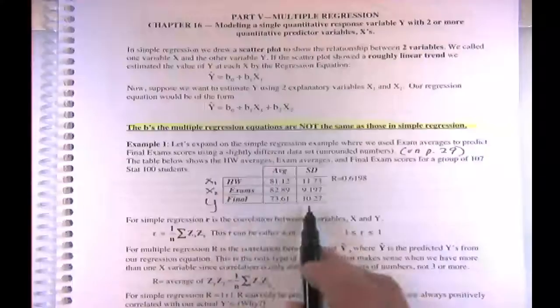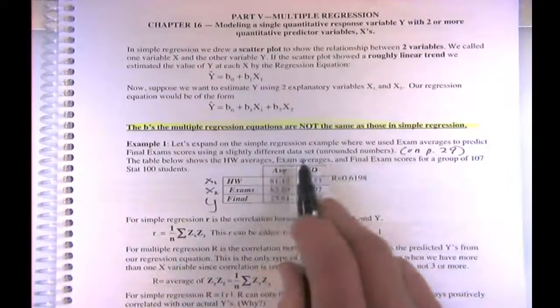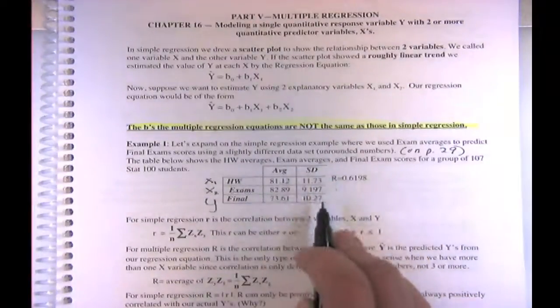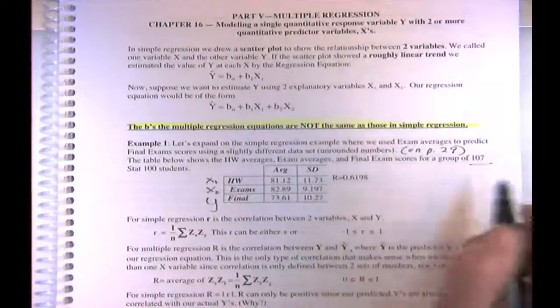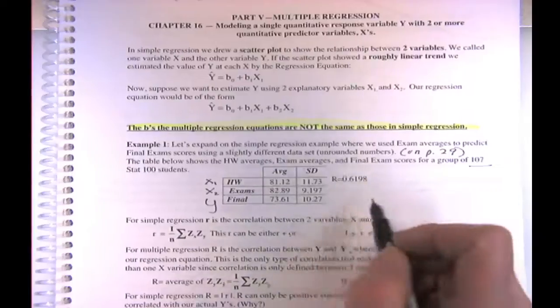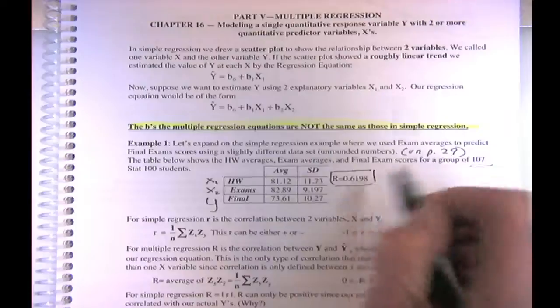Now, we can look at this table here, and it shows the exam averages, homework, exam, and final, averages and standard deviations for a group of 107, that's n equals 107 students. And we get this correlation coefficient, capital R, that we haven't really explained what that is yet.